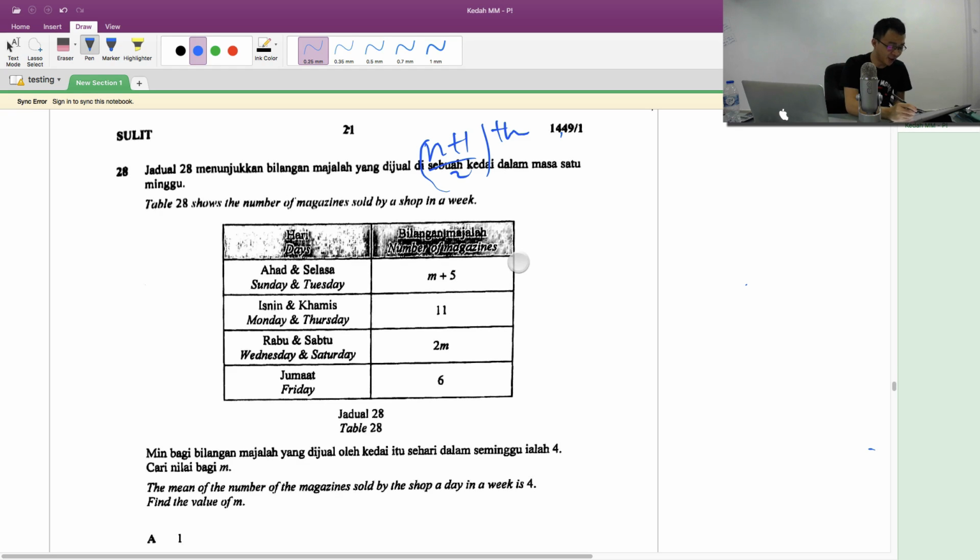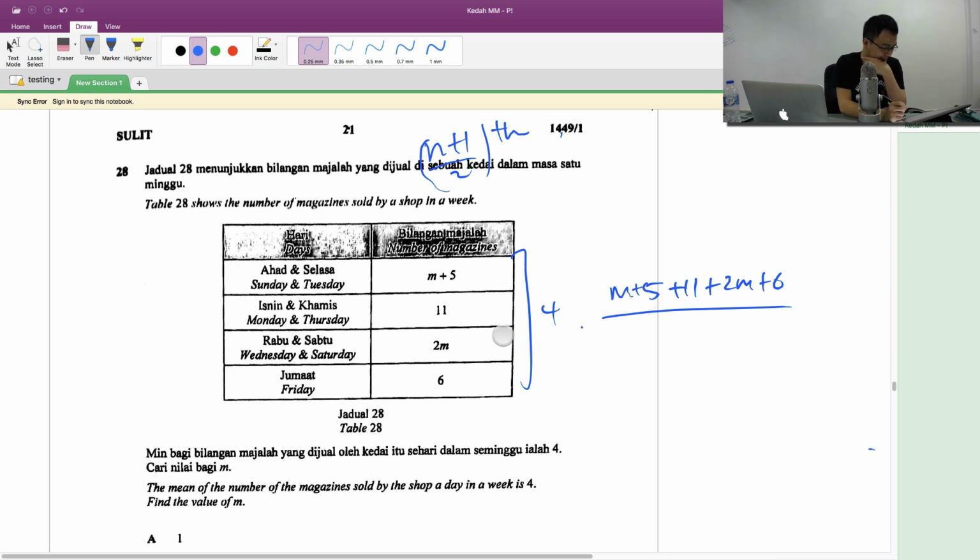So since the average is 4, what I want to do is add them together and divide by 7 days, because this is the total for 7 days.